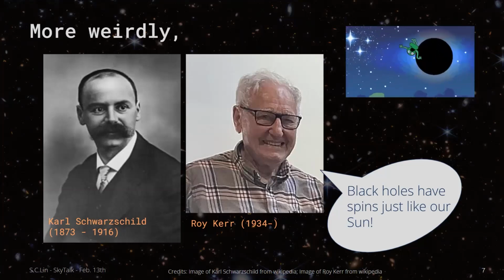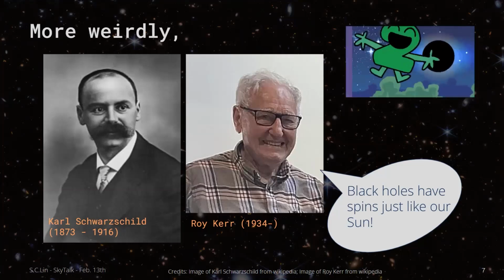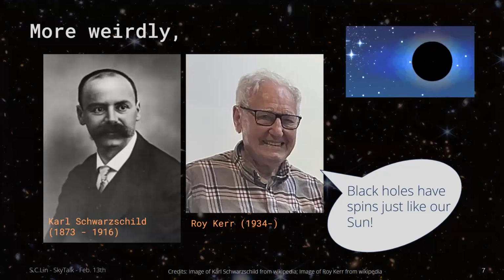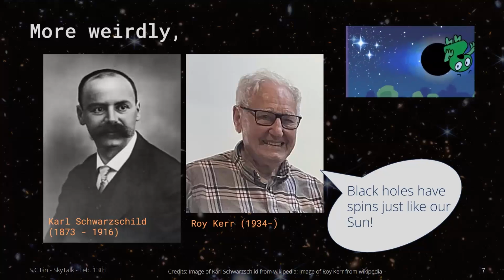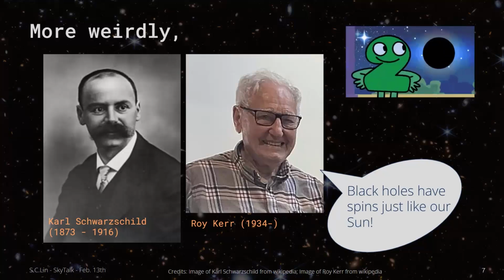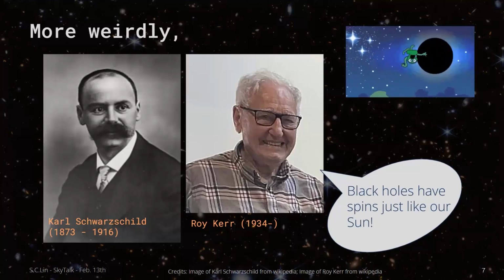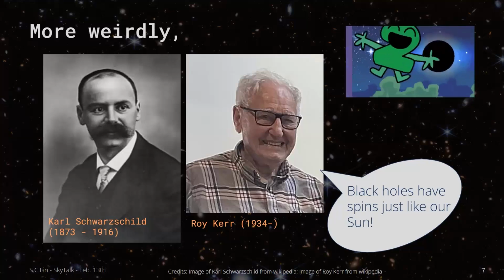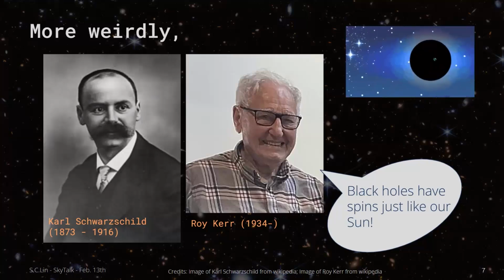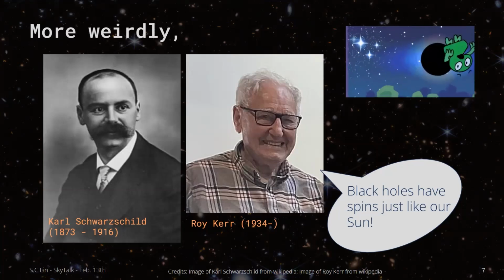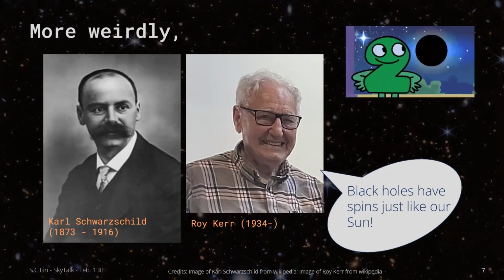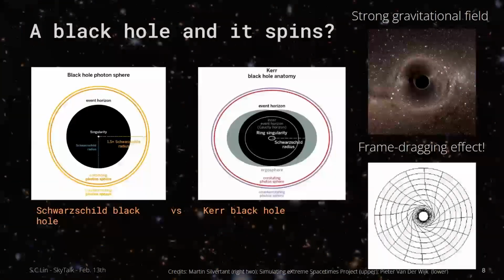Spinning black holes are now thought to be more common than non-spinning black holes in the universe, because after all, everything in our universe is spinning, and such angular momentum will be conserved, and it will be the same case for black holes.